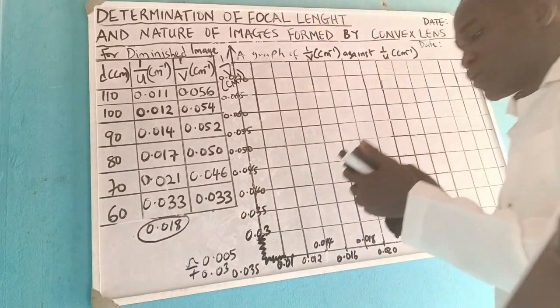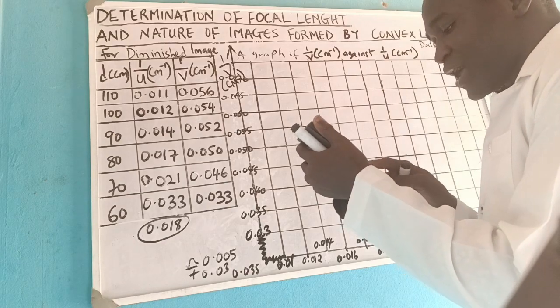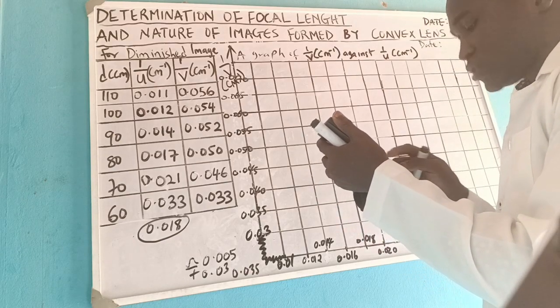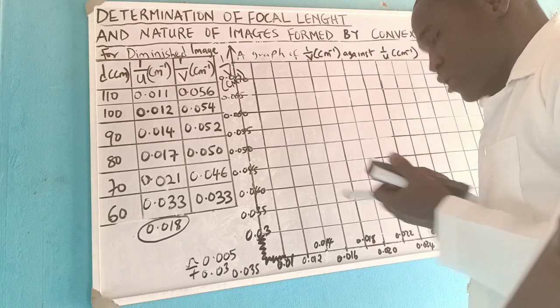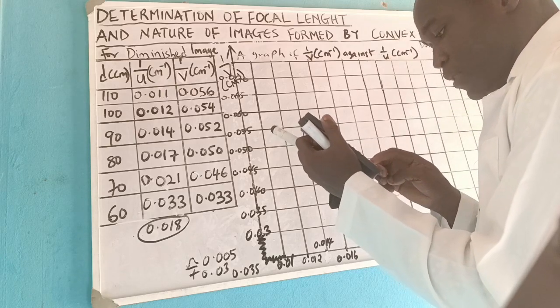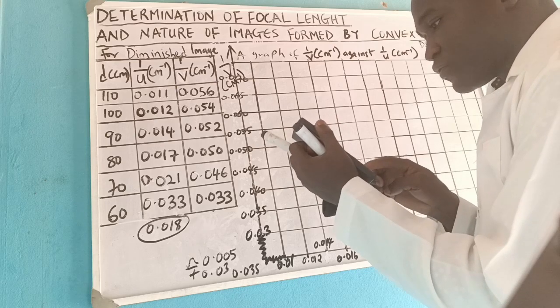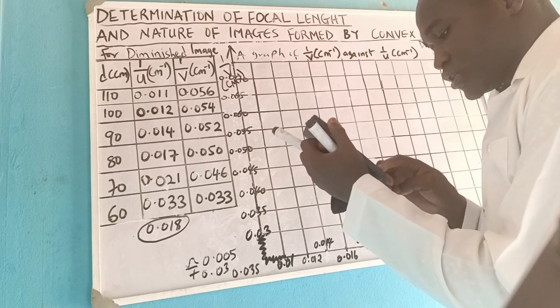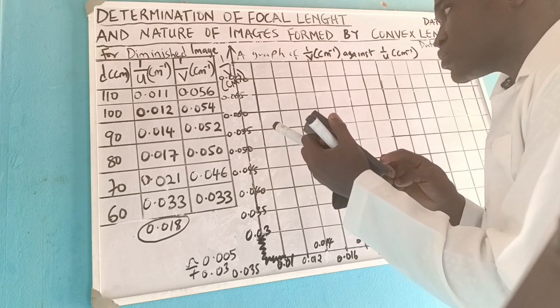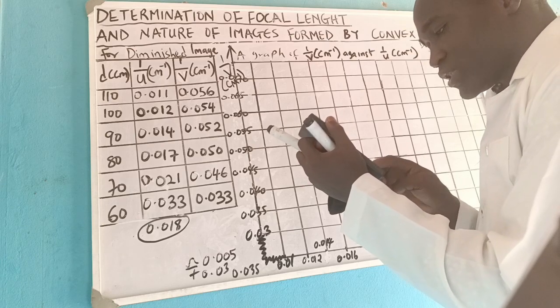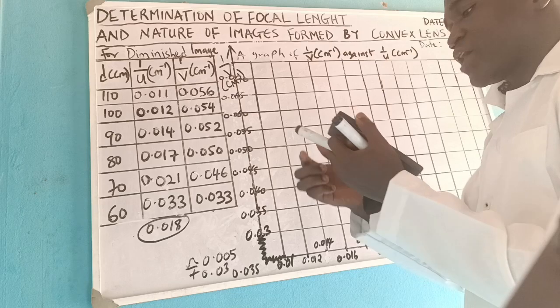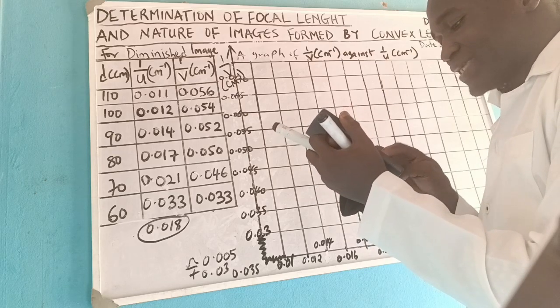For the next one, we have 0.056 plus 0.054 plus 0.052 plus 0.050 plus 0.046 plus 0.033. That will be giving you divided by 6.